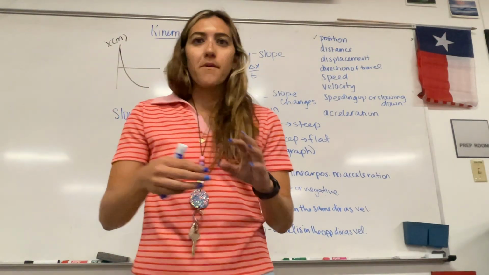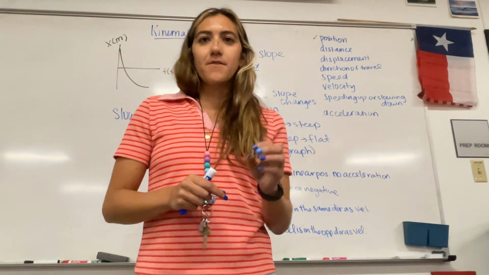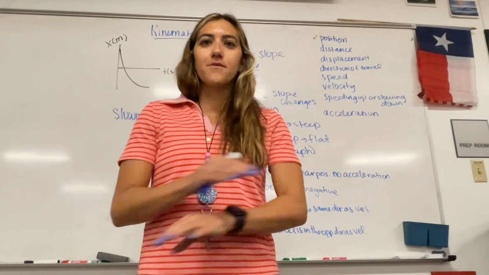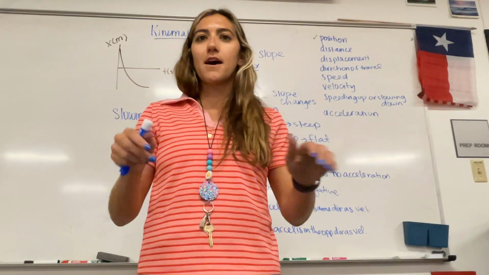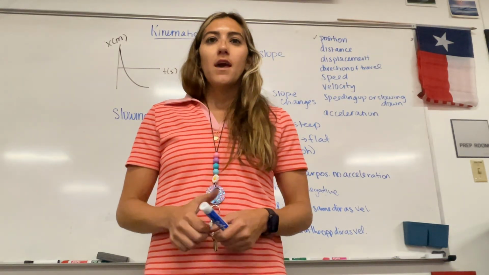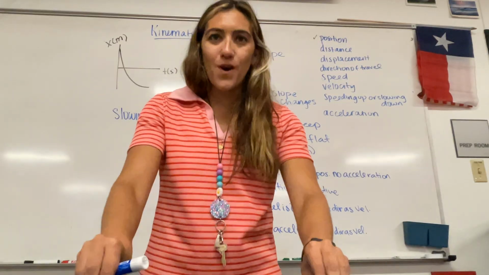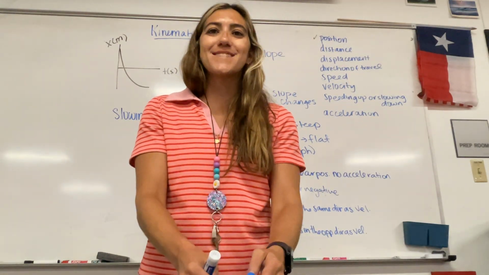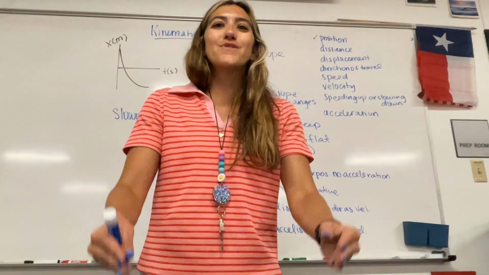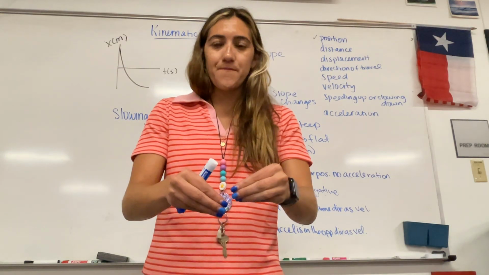Here's the deal, okay? As a reminder, acceleration and speeding up and slowing down are in no way the same thing. Let's get that out of our heads right now. Speeding up and slowing down are a scalar quantity, and acceleration and velocity are vector quantities. So they're not exactly the same thing.